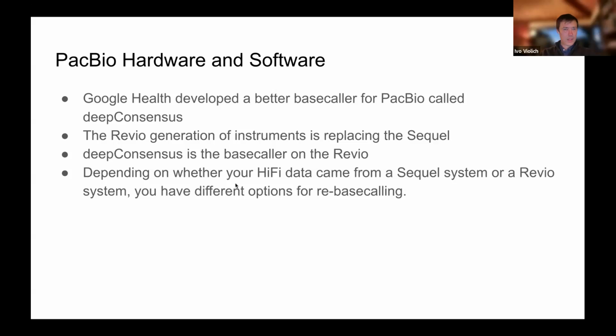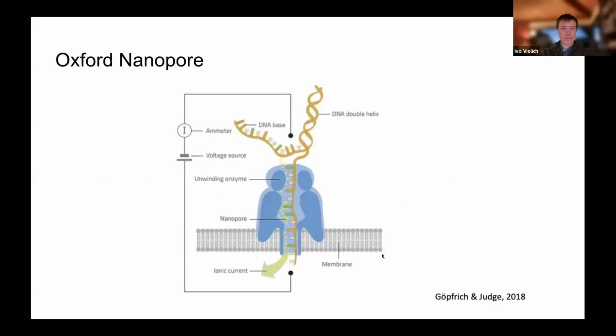All right. So now moving on to ONT. ONT is different when compared to PacBio because, although it is sequencing native DNA, it's doing it through a pore. So this is a representation of that. The DNA is going through this pore, and there's also electrical current going through.